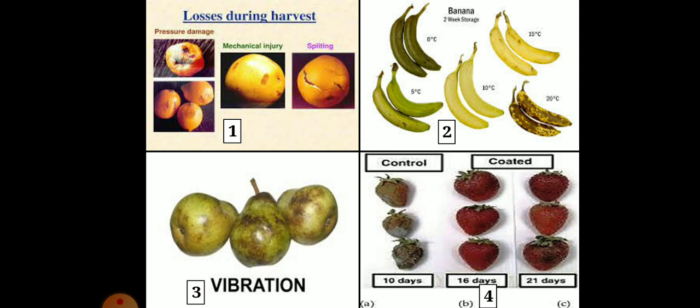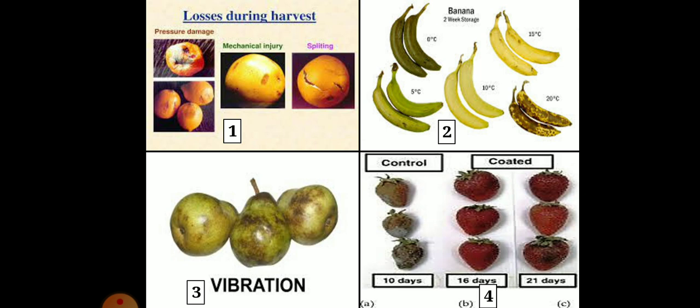Temperature in climacteric fruits like banana must also be observed well. As you can see in the image, at 0 degrees Celsius there was chilling injury. At 5 degrees Celsius, difficulty to ripen. But at 10 and 15 degrees Celsius, it is at least okay.